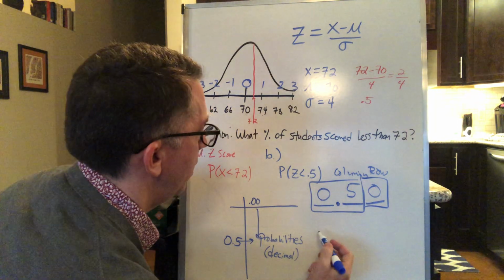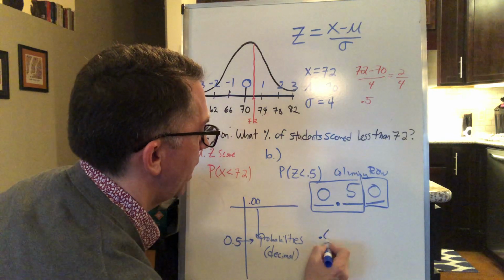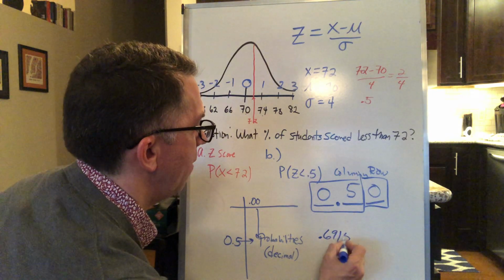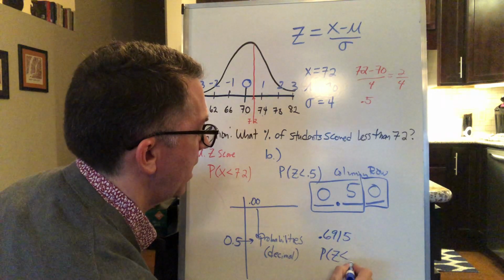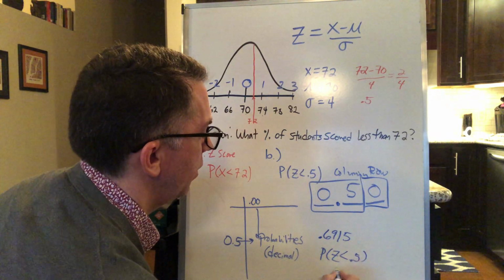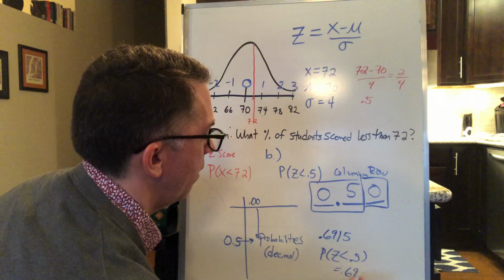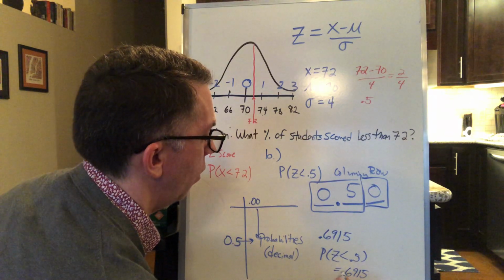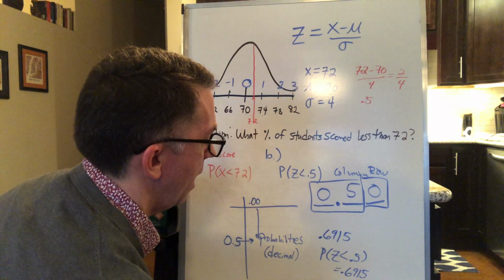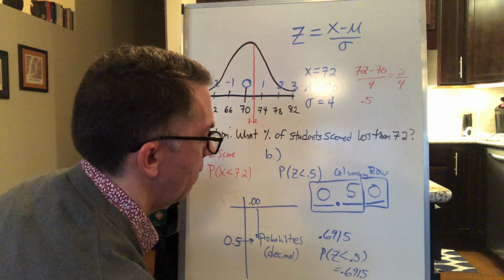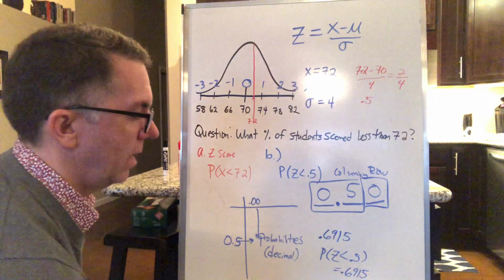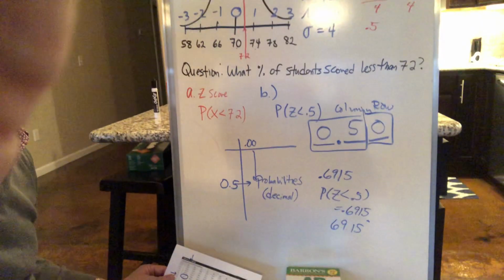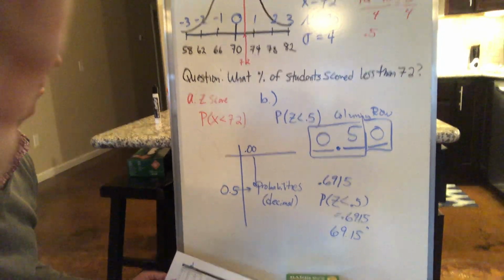So that number was 0.6915, or the probability that z is less than 0.5 equals 0.6915, or 69.15%. Did I run off the screen? I did. There you go. Can you see that? Percent.